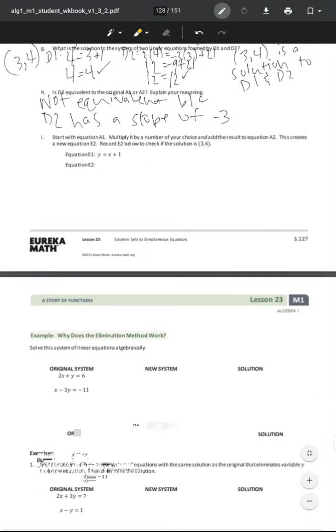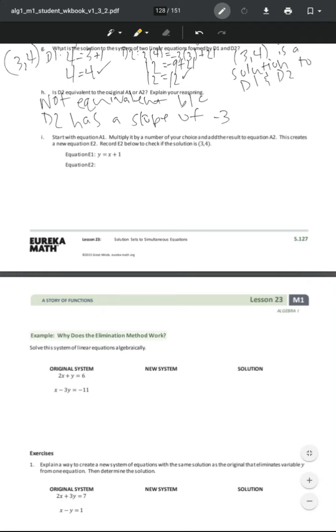All right, so moving along, part I: start with equation A1, multiply it by a number of your choice, and add the result to equation A2. This creates a new equation A2, and then we're going to check to see if it is a solution. So I'm going to pick a random number, and we're going to make it 3.